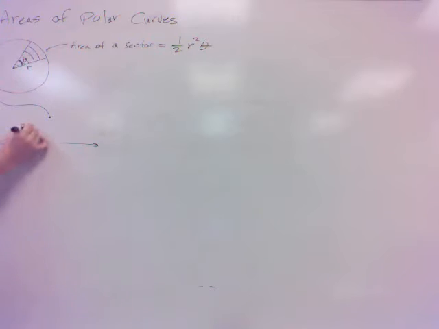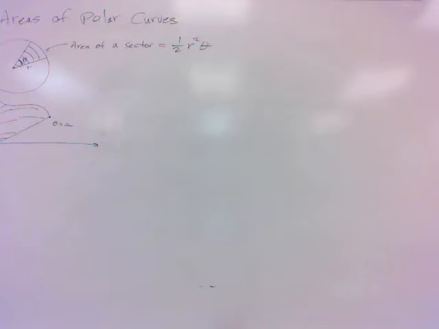So we're going from this angle right here all the way through that angle there, and I want to know what is that area right there. This is at theta equals A, and this is going to theta equals B. It's a sweeping sort of thing. That's the area I want to know.